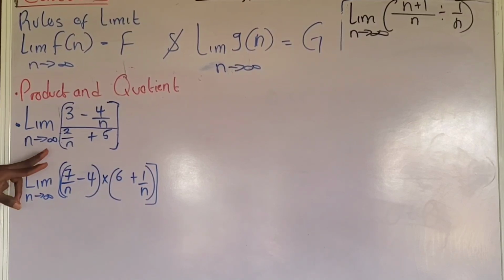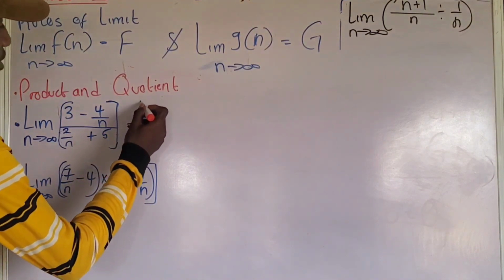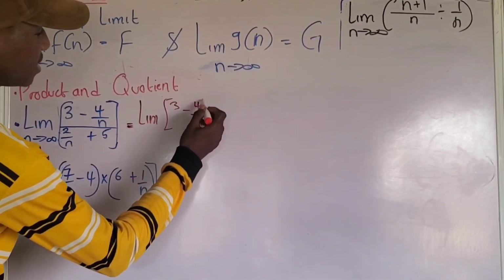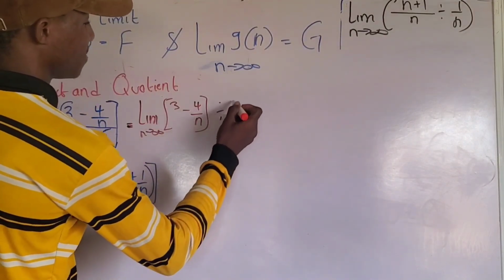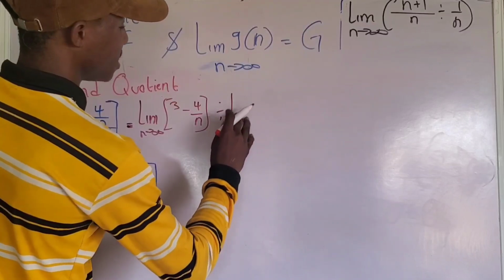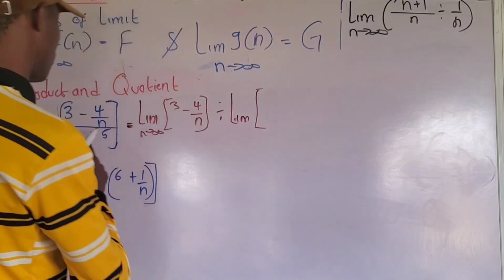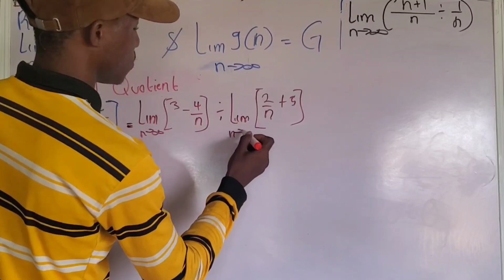Okay, let's consider the following question on product and quotient rules of limits. We are asked to take the limit of this function as n tends to infinity. Now, in this case, we are going to apply the quotient rule of limit. According to the quotient rule of limit, this limit will be equivalent to the limit of 3 minus 4 all over n as n tends to infinity, divided by the limit of the denominator, that will be 2 over n plus 5 as n tends to infinity.